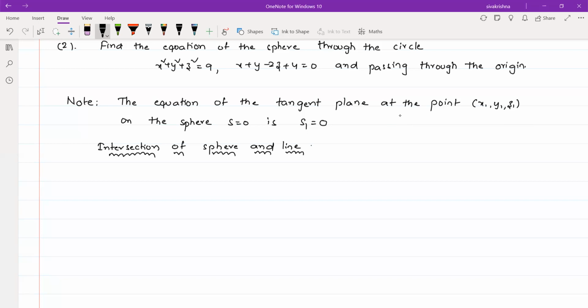So how can we find the intersection of a sphere and a line? Straight away I am going to explain one problem.